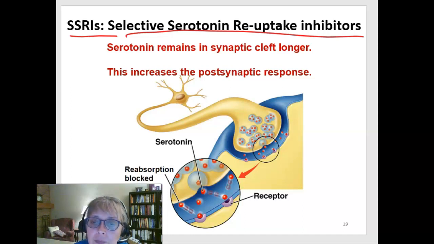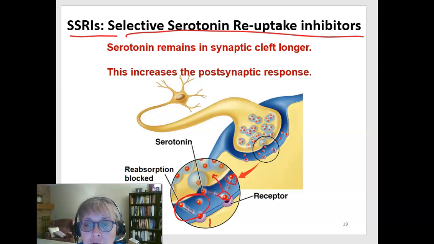So what they do is they block reabsorption. Usually they act by binding to the transporter. So there's competition and the neurotransmitter can't get back in. If this neurotransmitter stays in the cleft longer because it's not taken back up into the presynaptic cell, then this postsynaptic cell will fire more, or it'll receive more ions and be more likely to be excited.